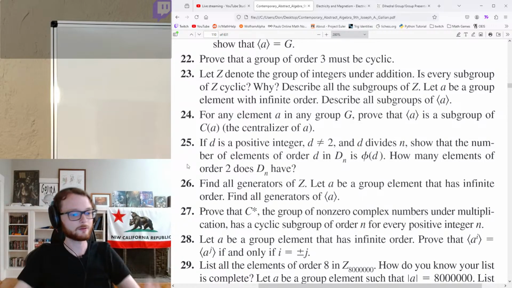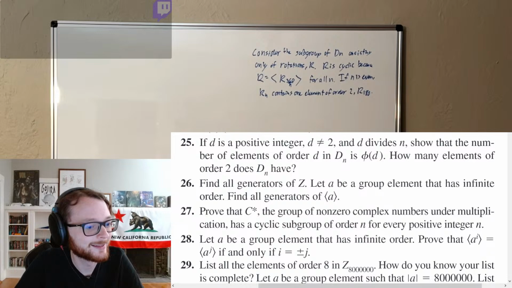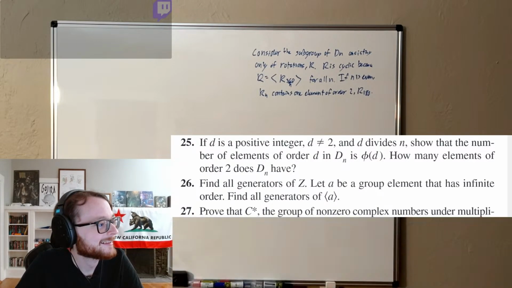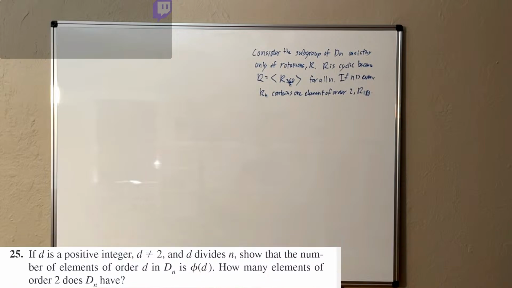So wait, so for 25, I already made a cyclic group, so doesn't that mostly answer the question for us?